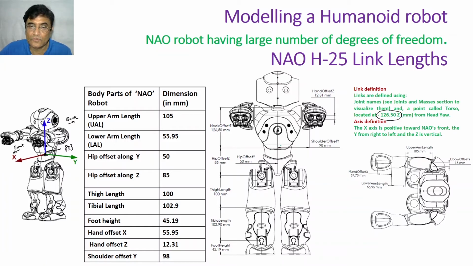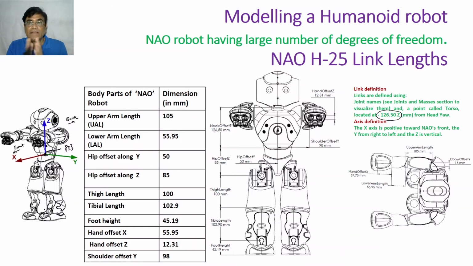It has a gyro rotor at the belly, that is in the torso, which you cannot see, but it gives extremely high stability. It's very unlikely that it will fall down, okay. So if the gyro rotor is on, it gives additional gyroscopic stability to this NAO robot, okay. So this is something I wanted to tell you about how to model the NAO robot.